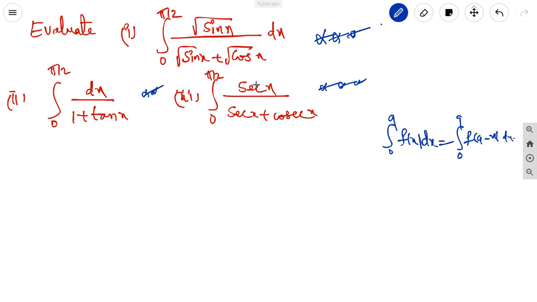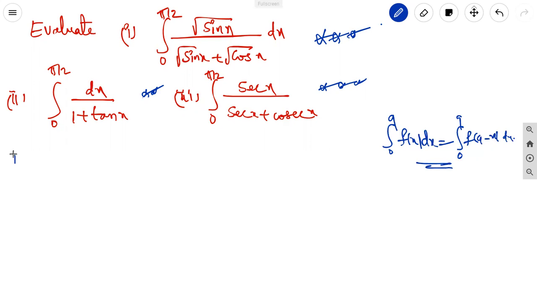That only. See here, if we substitute x equal to pi by 2 minus x, that is a minus x, then sin converts into cos, and in the denominator cos converts into sin. Then adding those two, the numerator and denominator terms both will be the same. For that purpose, we can use this property.